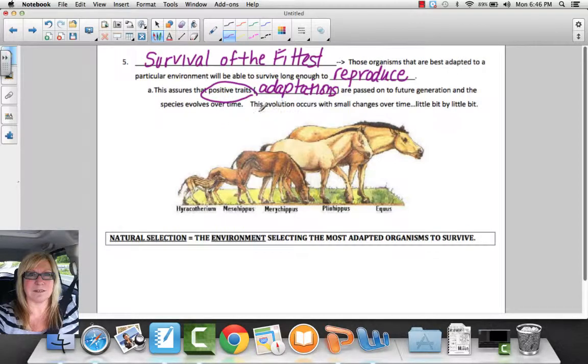Evolution: small changes over time, little bit by little bit. Natural selection: the environment selecting the most adapted organisms to survive. Okay, and that is it for lesson 1.